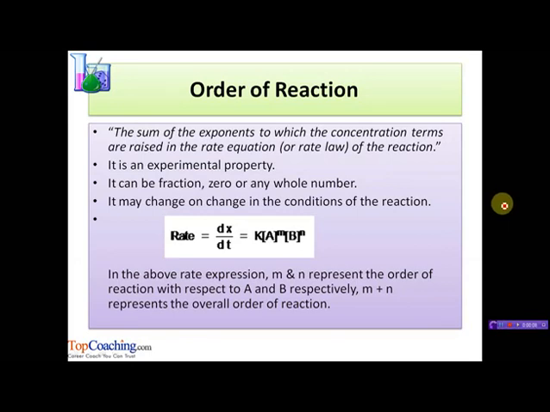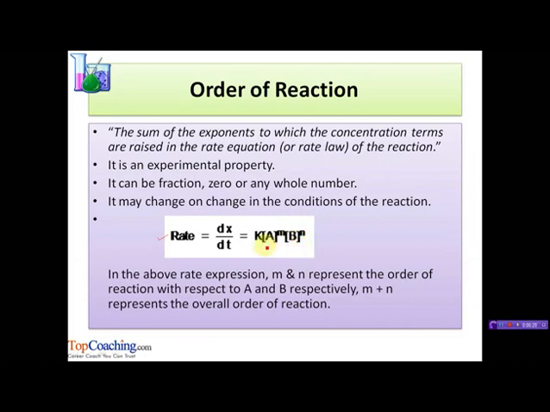Next important term is the order of reaction. Order of reaction can be defined as the sum of the exponents to which the concentration terms are raised in the rate equation or rate law of the reaction. For example, we just derived this rate equation in which rate, that is dx/dt, is equal to k[A]^m[B]^n.